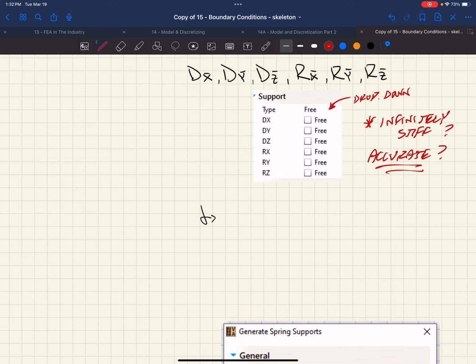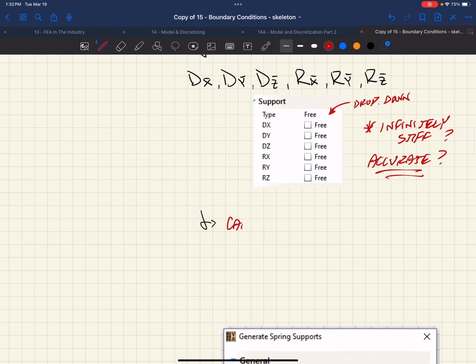If it's not, though, we can impose a support that isn't infinitely stiff. I already talked about this with springs.